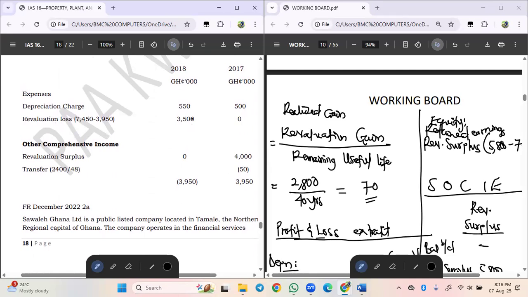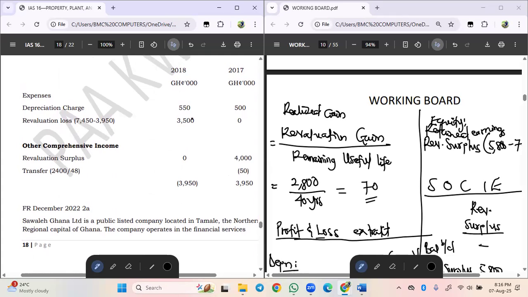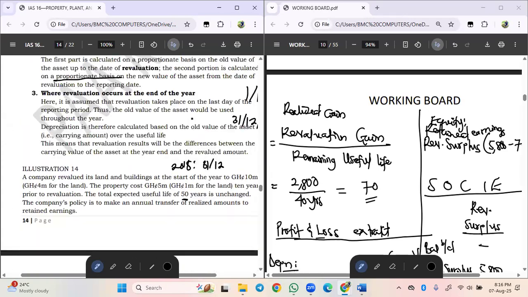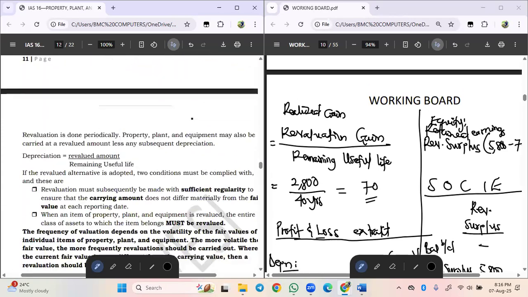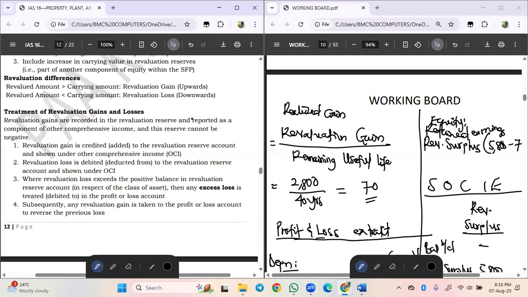The P&L. Normally, a revaluation gain should be in OCI. But based on the explanation I gave on the treatment of revaluation differences, where the revaluation loss exceeds the positive balance in the revaluation reserve account in respect of the same class, here land and building, then any excess loss is debited to the profit or loss account.